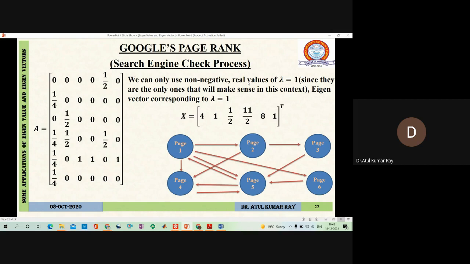It means the fifth page is the page liked by many pages. So definitely if you search something, page 5 will come first. This is a very basic and very important application of eigenvalue and eigenvector.